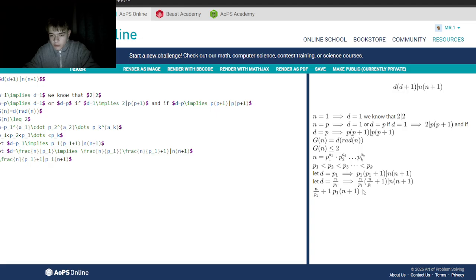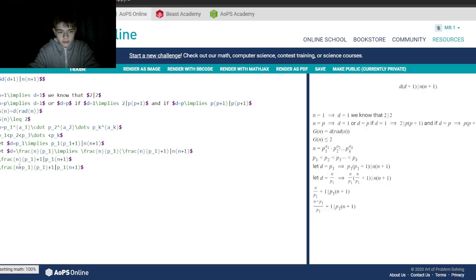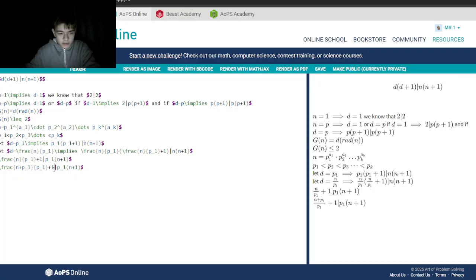So this n goes away. Okay, so we have this left, and now this is same as just n plus p1. Okay, and we can just cancel this, and we can move p1 to the right side.